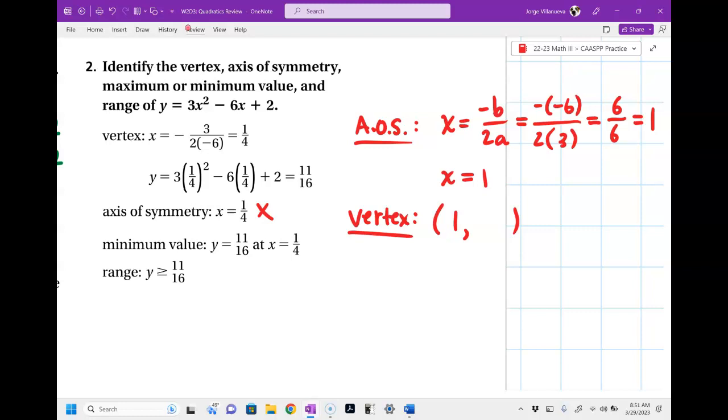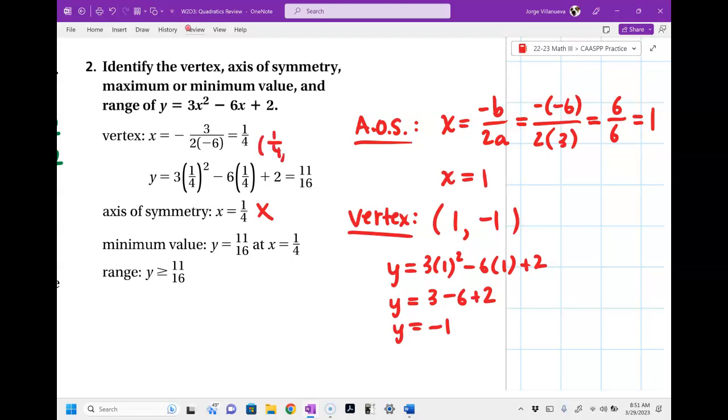So if I plug in a 1 into my equation, y equal to 3 times 1 squared minus 6 times 1 plus 2, that's 3 minus 6 plus 2, that's negative 1. So obviously my vertex is incorrect. Because they're saying my vertex is supposed to be a quarter, 11/16. That's wrong.